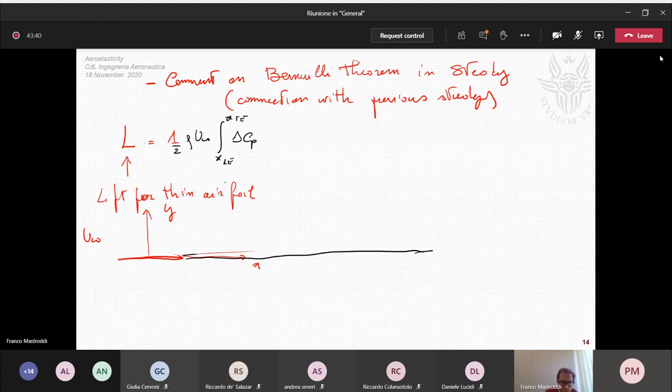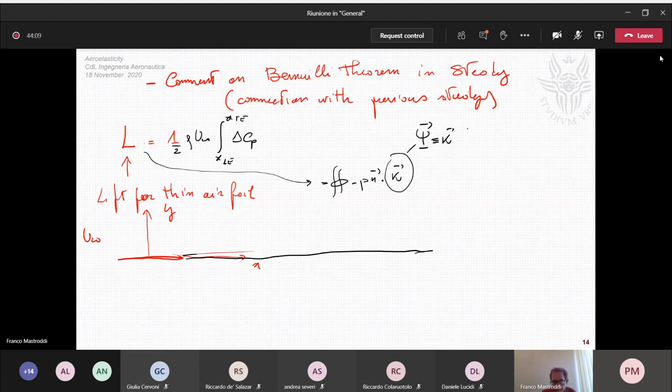Because by the definition of lift or any kind of generalized force, the lift is equal to the surface integral of minus pressure n dot k. K is the shape function associated to the lift, to the vertical rigid body motion. In this case it is kappa.